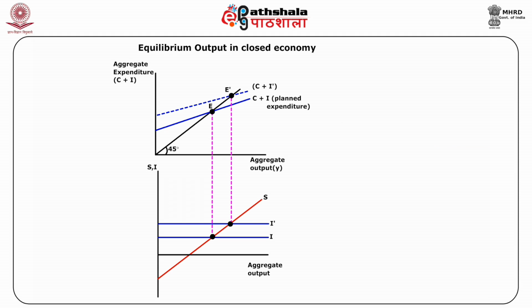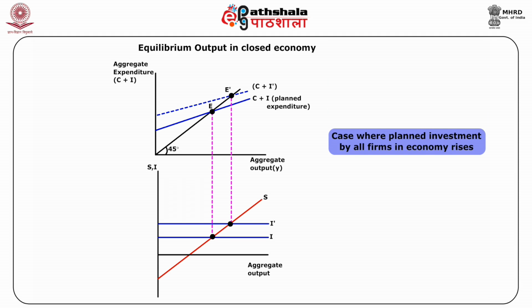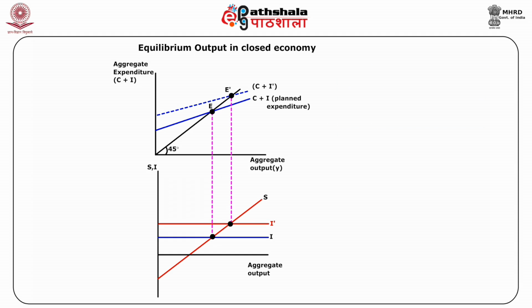Let us consider the case where planned investment by all the firms in the economy rises. This will shift the planned expenditure line upwards in a parallel manner by the amount of new investment. The new line is C + I', which intersects the 45-degree line at E'. This point can be seen in both the panels of the diagram.